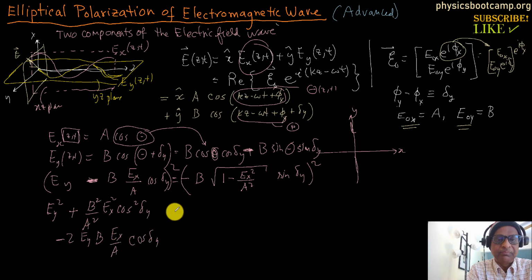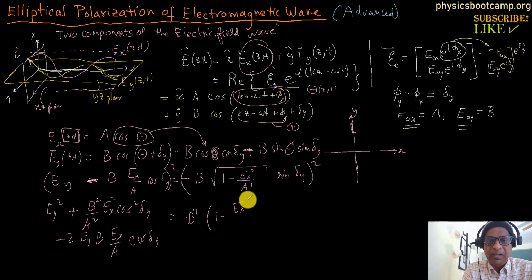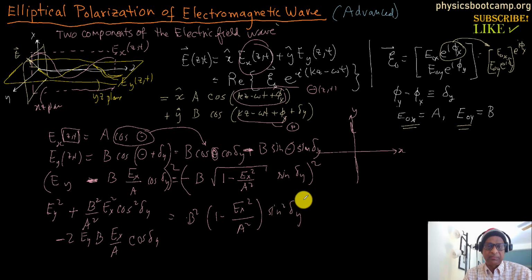So this is the cross term, and that's equal to, on the other side, b square times 1 minus Ex square over a square, sine square delta y.